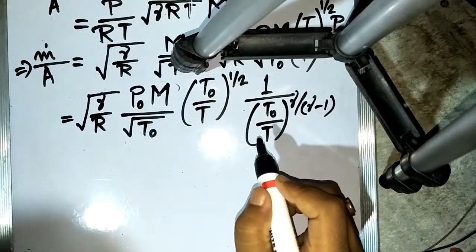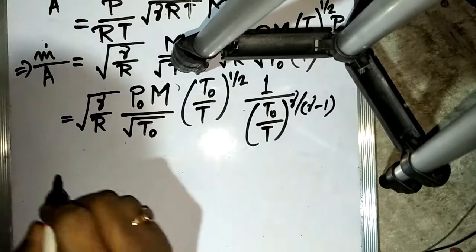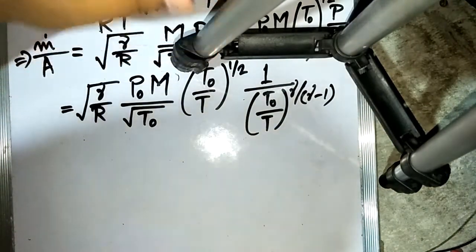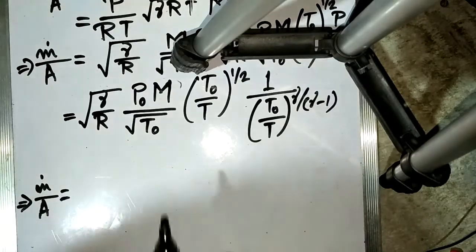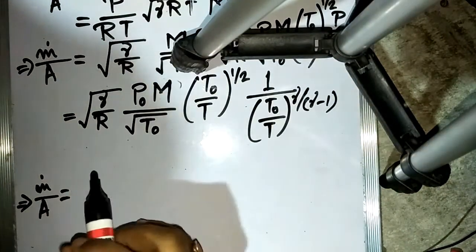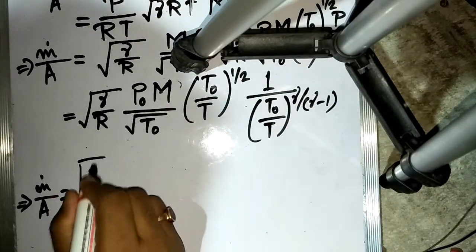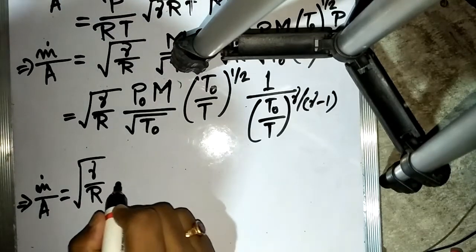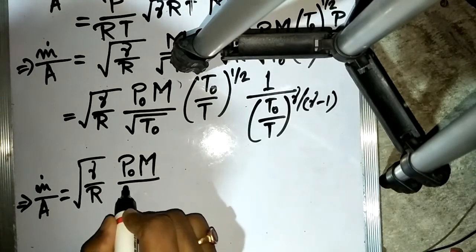This relation comes from the adiabatic flow, so we can write the value of m dot by A equals root over gamma by R into P0 into M by root over T0.